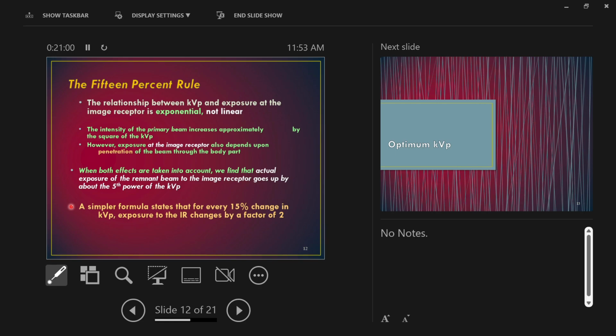So let's give an example. Let's say I had a PA hand X-ray. It's normally shot at 60 kVp at, I don't know, what's a mass number for a hand that you've used before? 10 mass? That's kind of a lot.